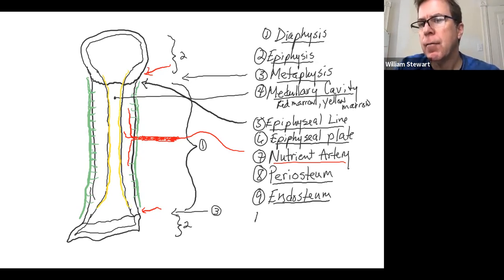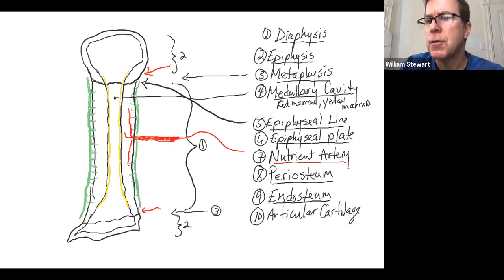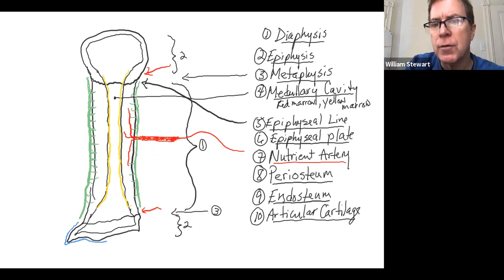Number 10, I'm writing articular cartilage. To articulate means where bone meets bone at a joint and there's movement. Articular cartilage is hyaline cartilage, that's the type of tissue it is, that covers the ends, particularly of long bones, but it usually covers the surface of a bone wherever there's a joint where it articulates with another bone.